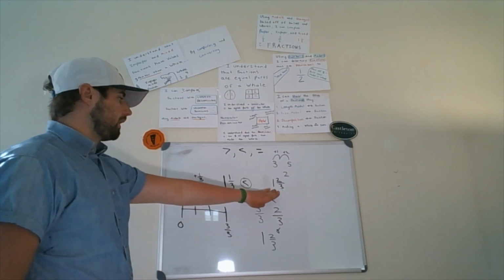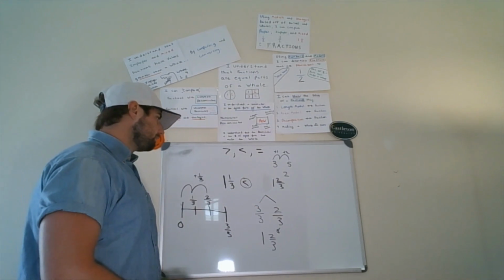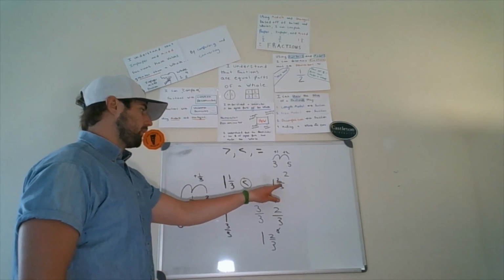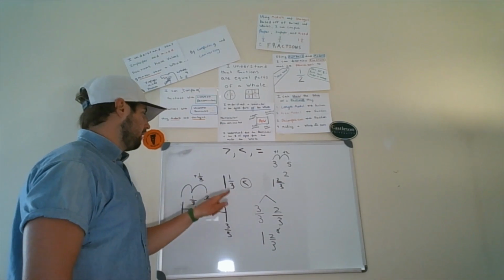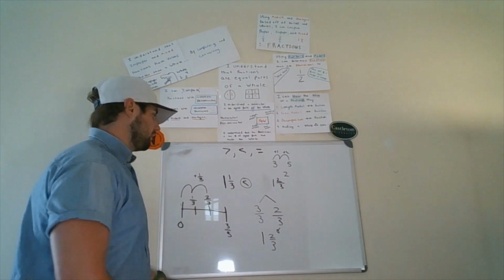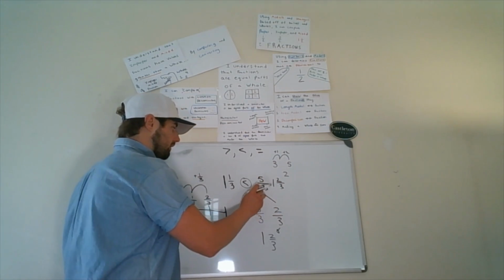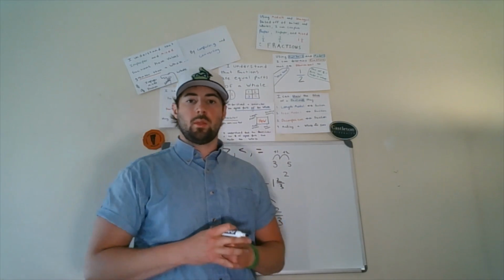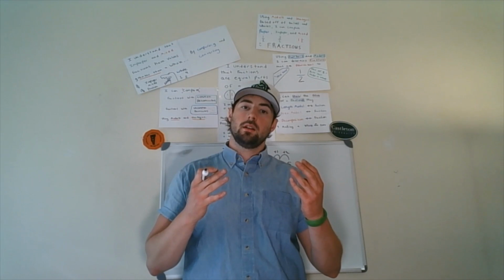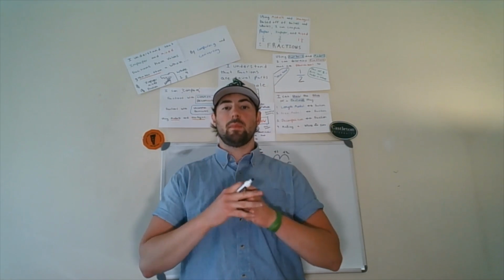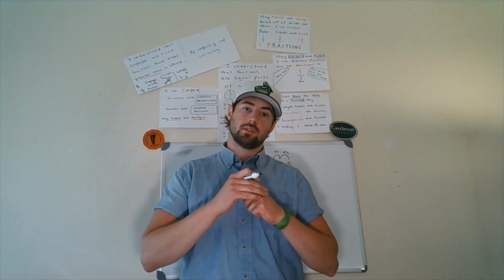Alligator eats the bigger value. 1 2/3 is greater than 1 1/3. Therefore, 5/3 is greater than 1 1/3. Comparing by converting into a mixed number to help us.